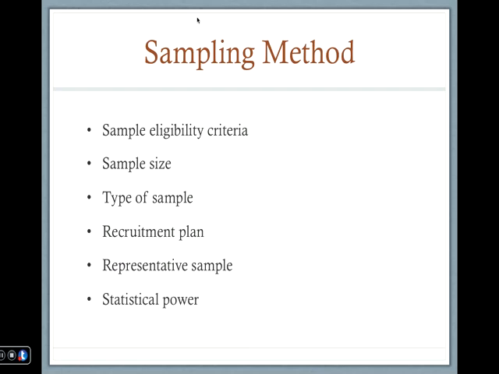In terms of sampling methods, in order for it to be representative, every member of the population must have an equal chance of getting in your sample.